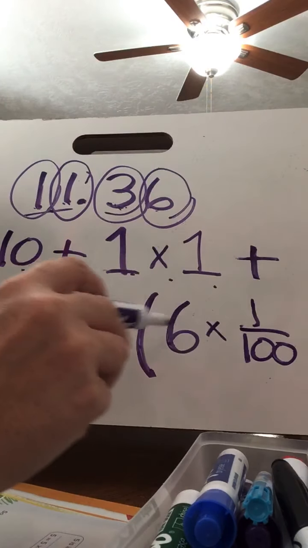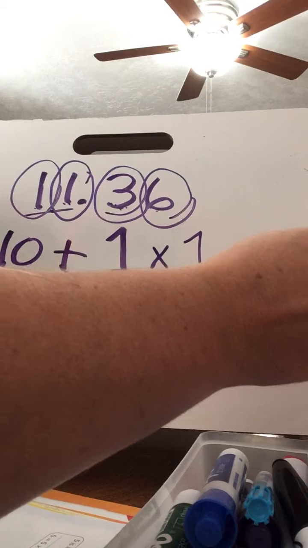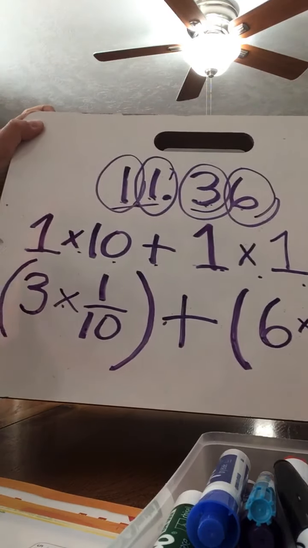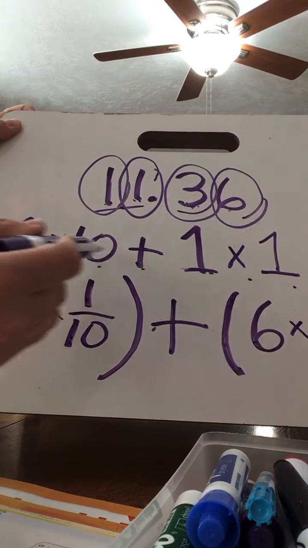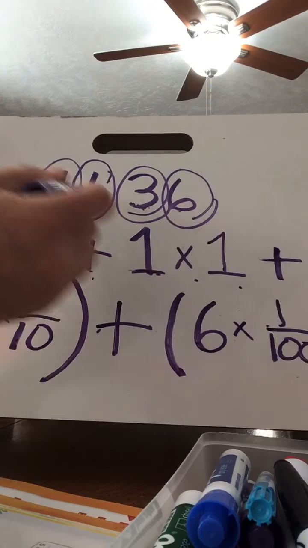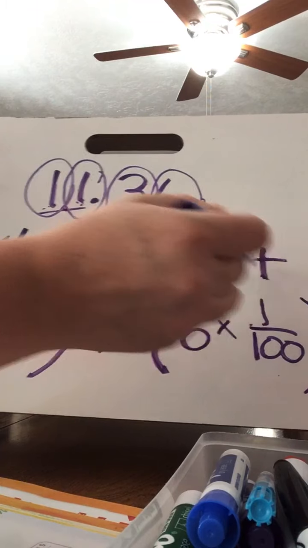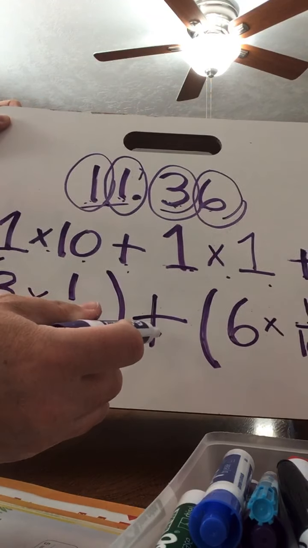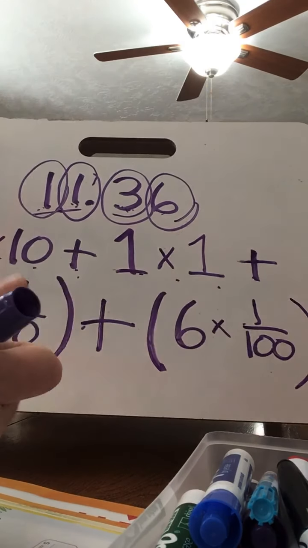That's the same thing as 6 hundredths. We don't have any numbers left, so we've written the whole thing in expanded form now: 1 times 10 plus 1 times 1 plus 3 times 1/10 plus 6 times 1/100.